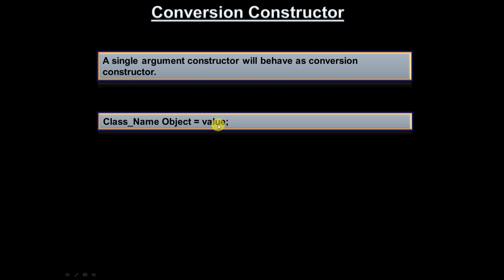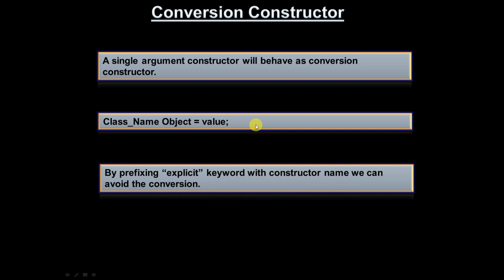So we have provided some integer value, and that integer value will be converted to this class type. Okay, so that is allowed if we have a single argument constructor. But how can we restrict that? We can restrict that by prefixing the explicit keyword to the constructor name so that we can avoid the conversion. Okay, so that's for today.